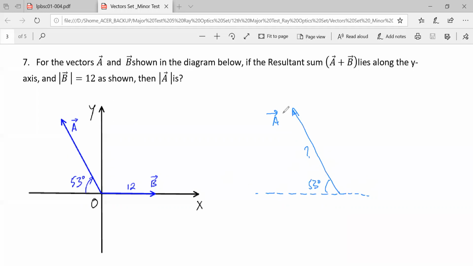I want to do A plus B. So I'll pick up this vector and place it here. So my second vector B, place it here.